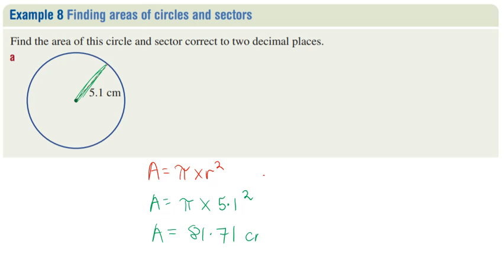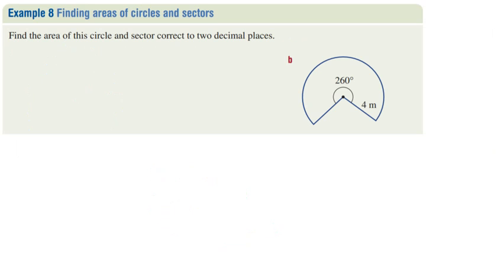81.71 centimeters squared. This is a sector and the area is the angle over 360 times pi times r squared. So remember this symbol here, that's the angle and the r is the radius.